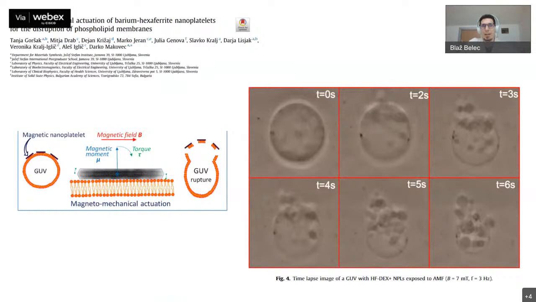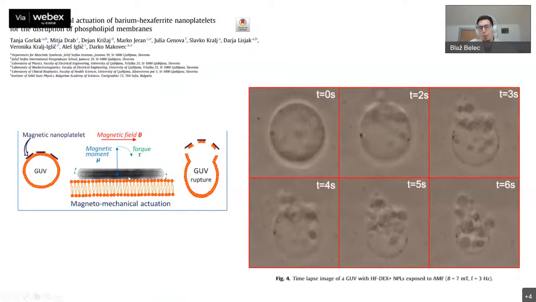And this can be applied for cell destruction, for instance. So magnetomechanical excitation of nanoparticles so that we break some liposomes, some cells, and so on. So this can be an additional method to cure cancer.